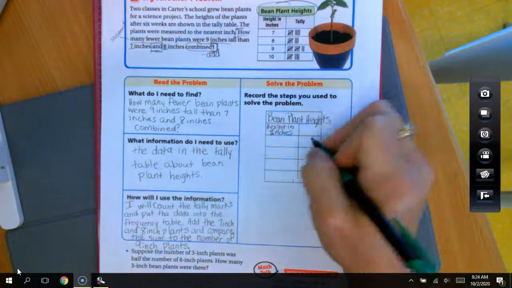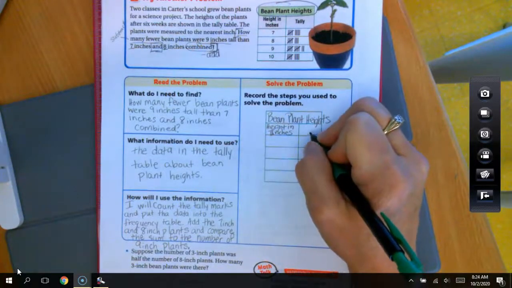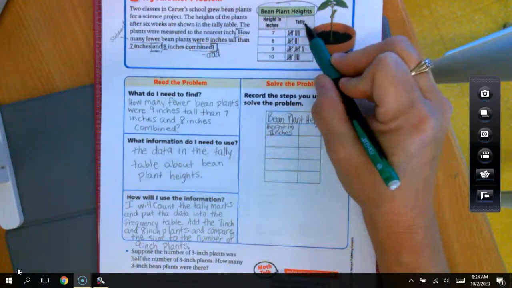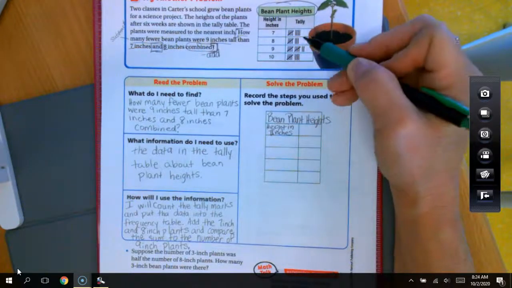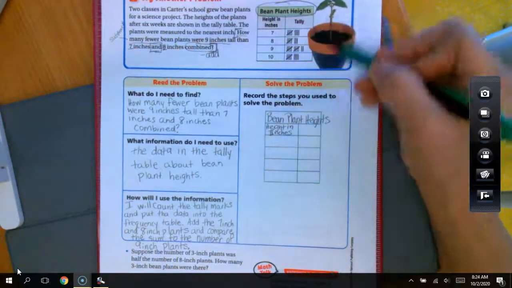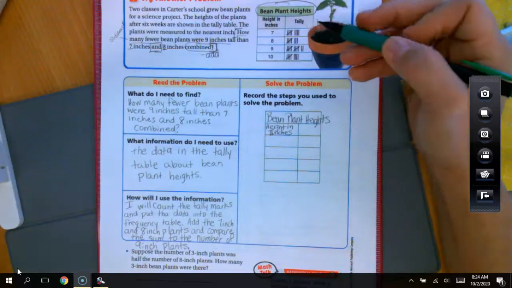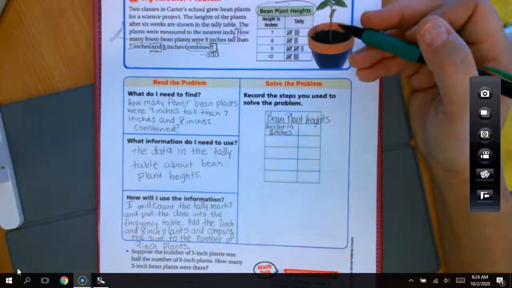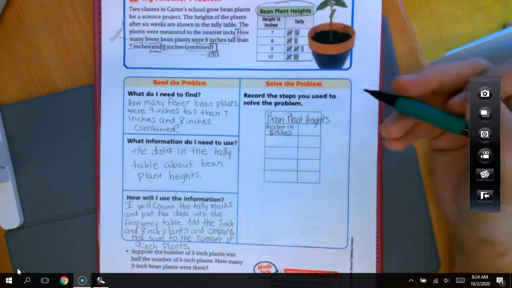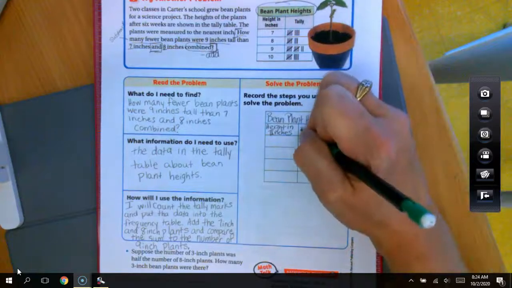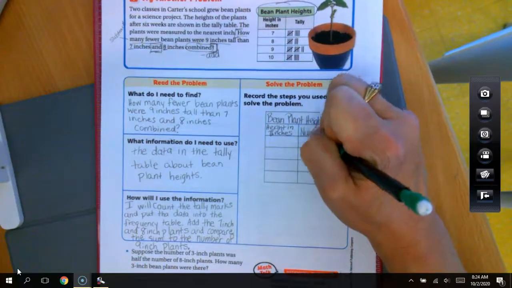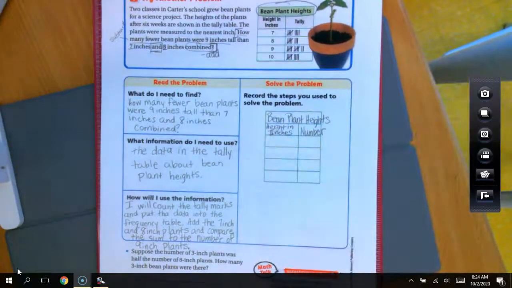Height in inches. And here, we're not going to put tally because we're not going to make it into tally marks. That information is already here. If we're making it into a frequency table, I know that a frequency table has numbers. So you're going to write the word number. N-U-M-B-E-R.